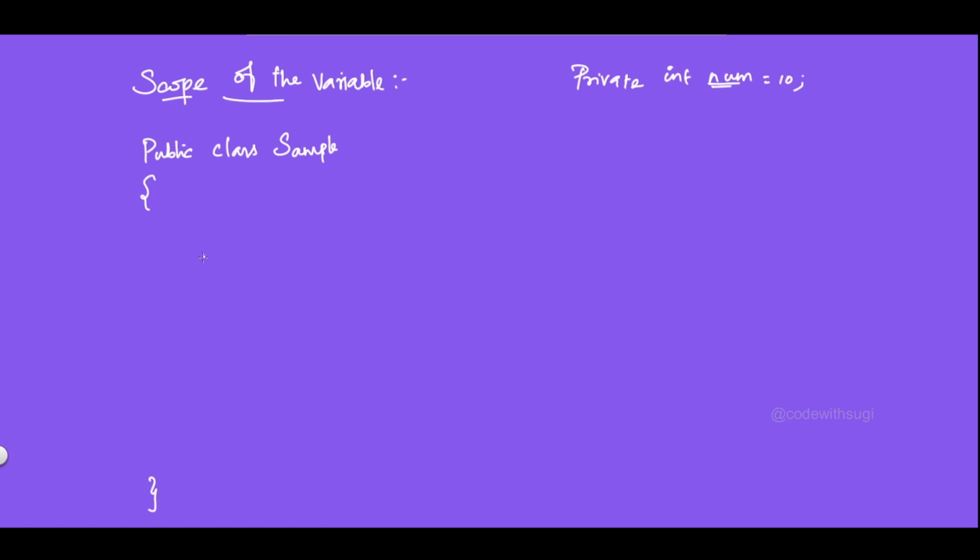And we have public static void main, which takes a String array of args as an argument. So the method scope will start from here to here. Again, this method also starts with a curly brace and ends with a curly brace.